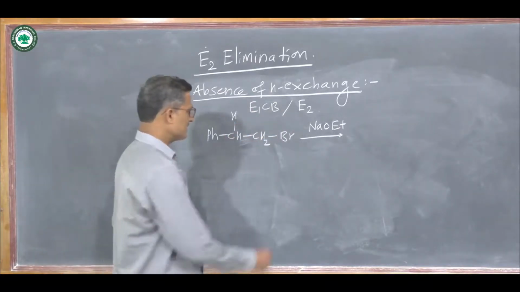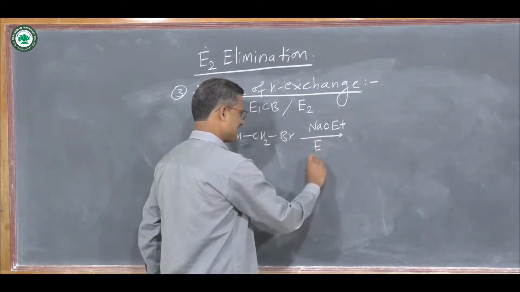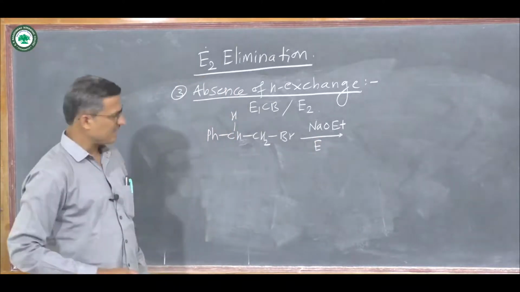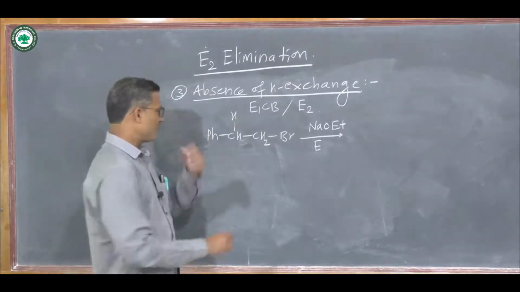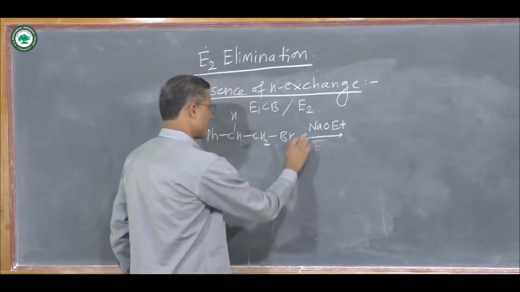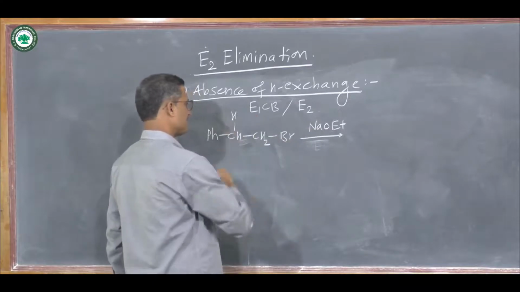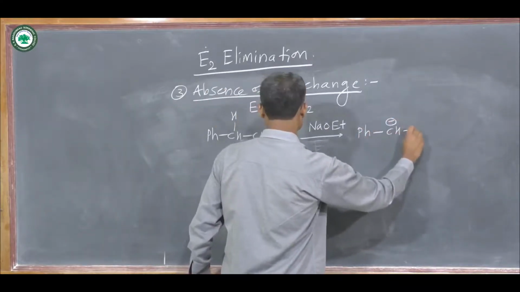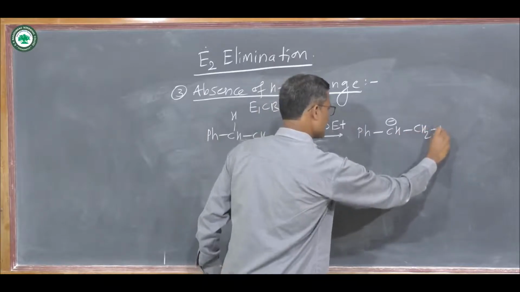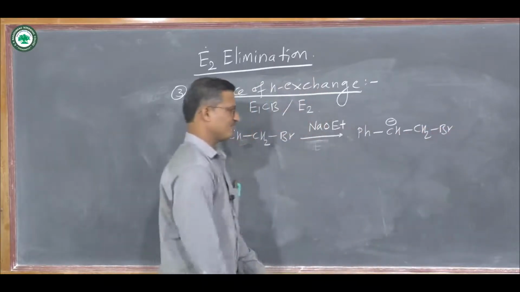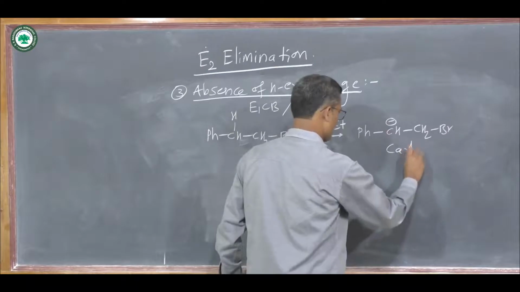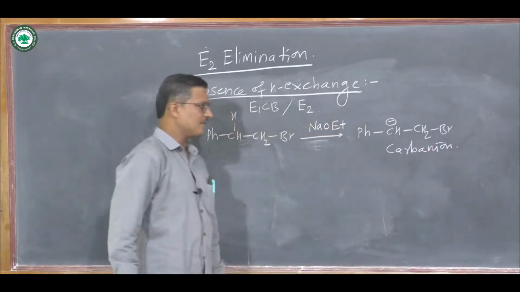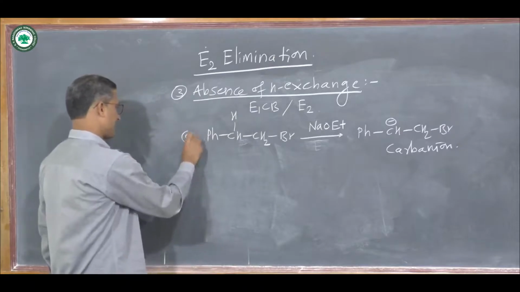Suppose when this substrate reacts by E1CB, then we know there is a formation of a carbanion in the first step. This is the carbanion. This is the first step, A.